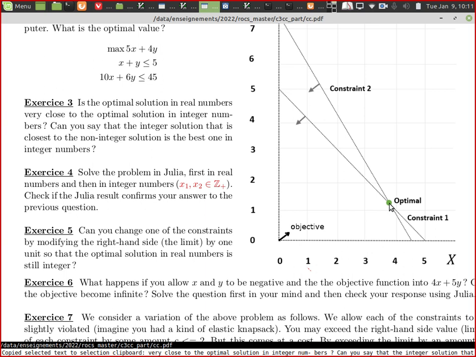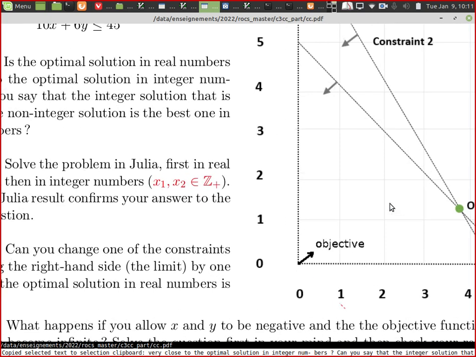You take the closest integer point, and you ask if that is the optimal solution in integer numbers. And the answer is not exactly. We would like to be like that because this would simplify our life. But if you pay attention, it's not exactly the case. Because why?